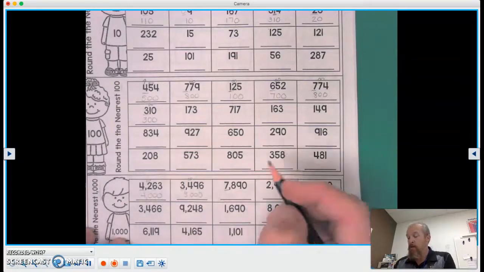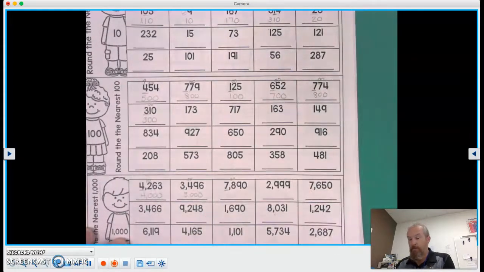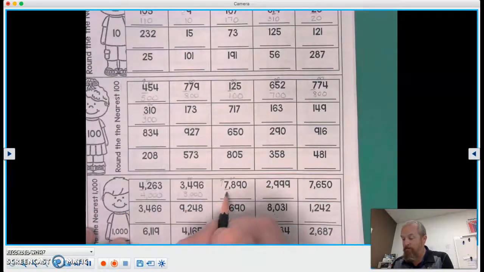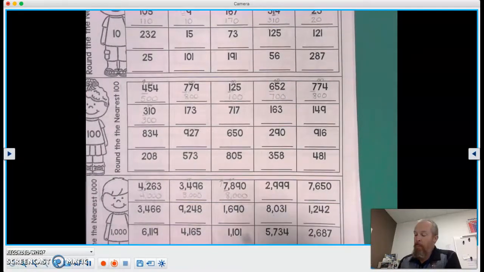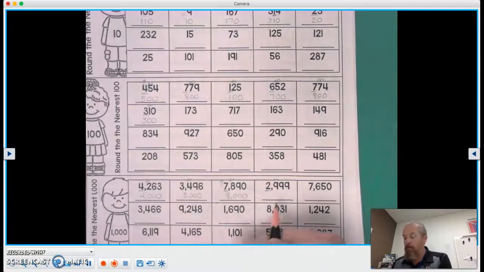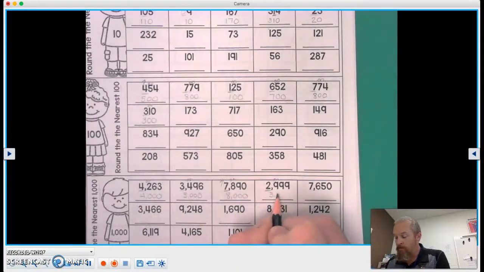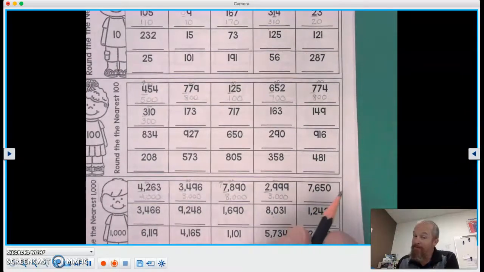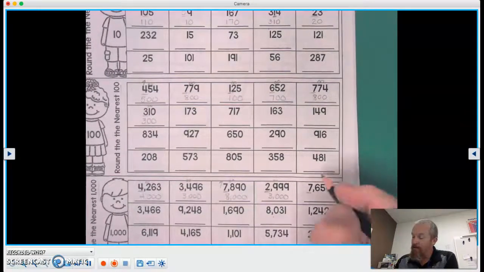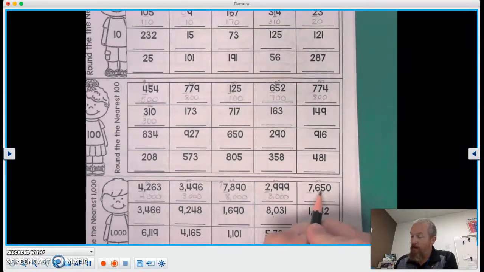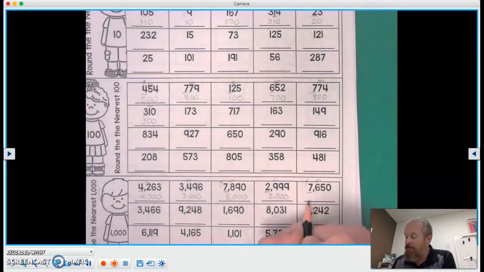Look next door. 5 or more, raise the score. A couple more. Locate, look next door. 5 or more, raise the score. Last one. Locate, look next door. 5 or more, raise the score.